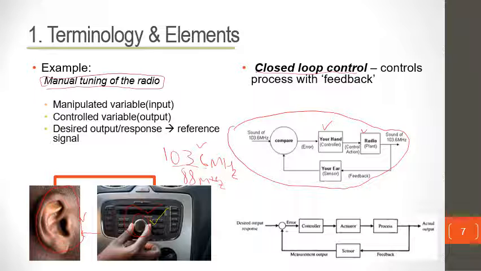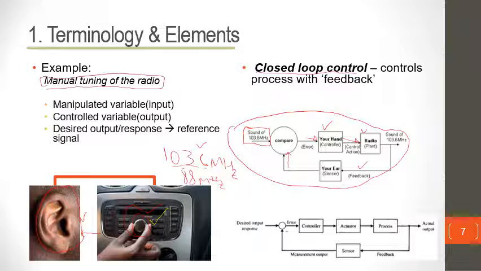As you're turning the knob, you're also listening to the type of music that you're hearing from the radio, and you're using that music to compare it to what you're desiring, which is the sound of your favorite radio station. And that information, whether or not you are hearing a clearer sound, you use that information to further effect another control action so that we can get to the radio station.